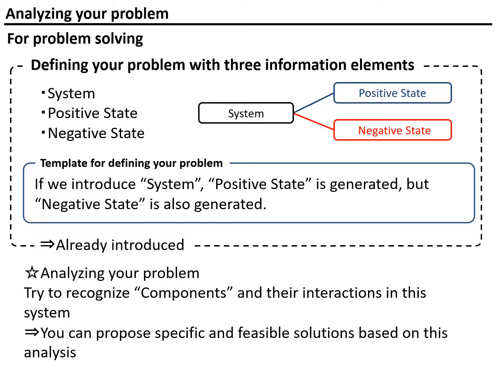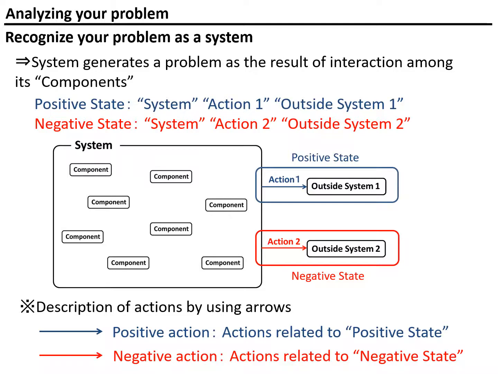Then, on the basis of the analysis, you can propose specific and feasible solutions based on this analysis. You already have defined a system, positive state and negative state, and I'm saying this again and again.